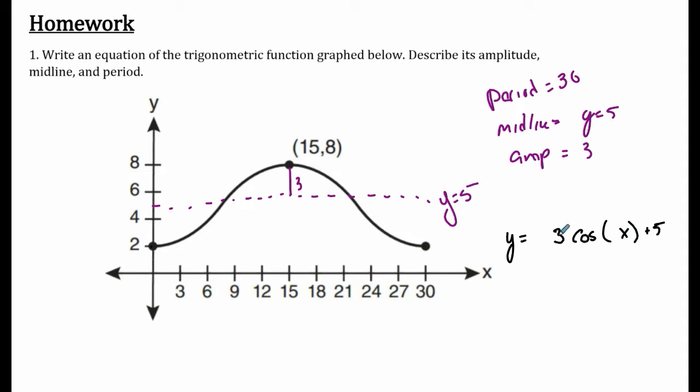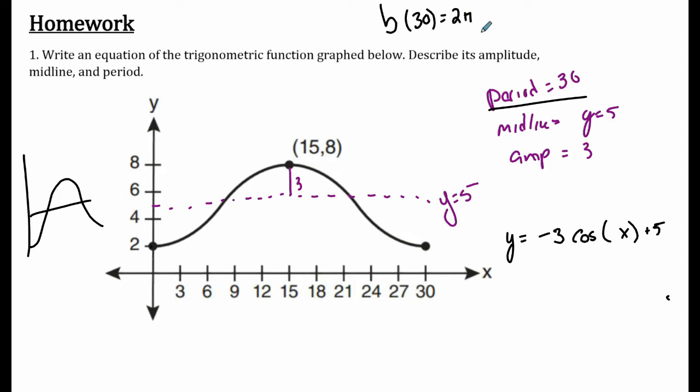I know there's a 3 out front because that's my amplitude. But notice that it's a cosine curve that goes upside down. It's a big hill. It's not a big valley like cosine normally is, so I need to reflect it with a negative out front. It's a negative cosine curve. And I need to figure out what to do with the period. Do I put a 30 here? No. The frequency times the period equals 2 pi.